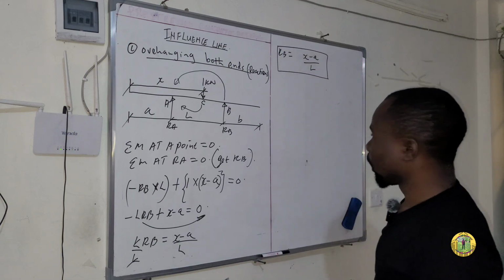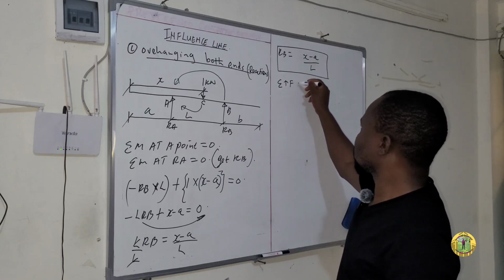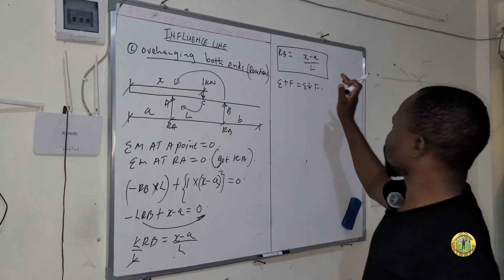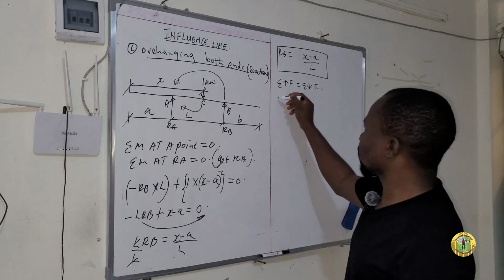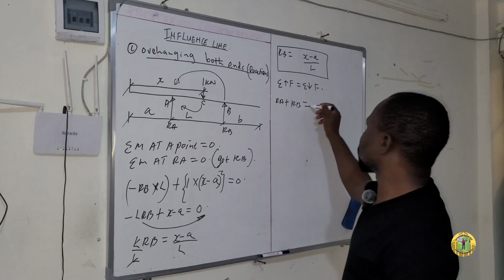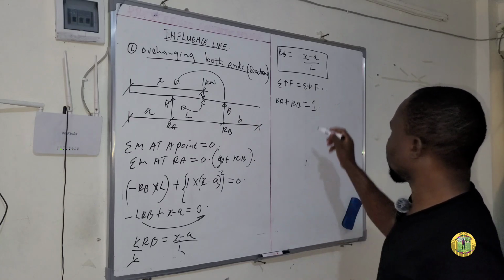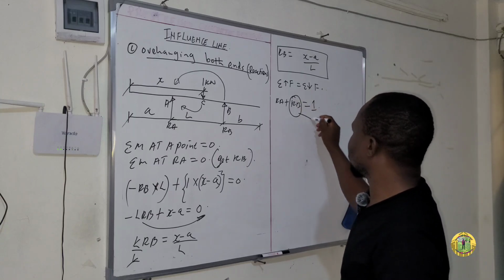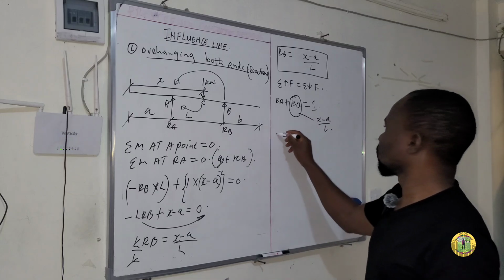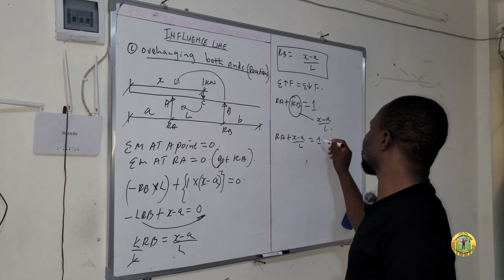So this is RB. Now to get RA, you will say summation of vertical forces, upward forces equal to downward forces. The upward forces are RA plus RB, which is equal to the downward force, 1 kilonewton. We already have RB as x minus A over L, so we substitute: RA plus x minus A over L is equal to 1.